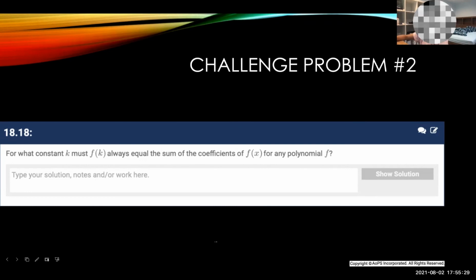Okay, so for what constant k must f of k always equal the sum of the coefficients of f(x) for any polynomial f?